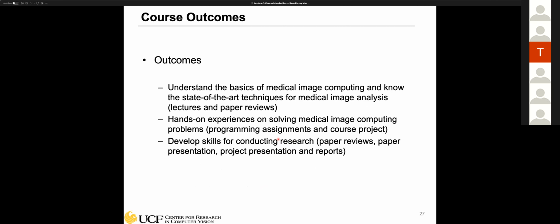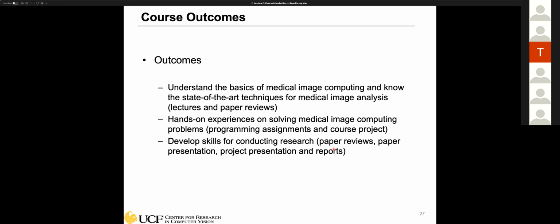And the second is hands-on experience solving some medical image computing problems, through the programming assignments covering 3 different topics, and also the course project, where you have the freedom to choose whatever project you want to do, maybe relevant to your research or to some topics you are interested in for the future.